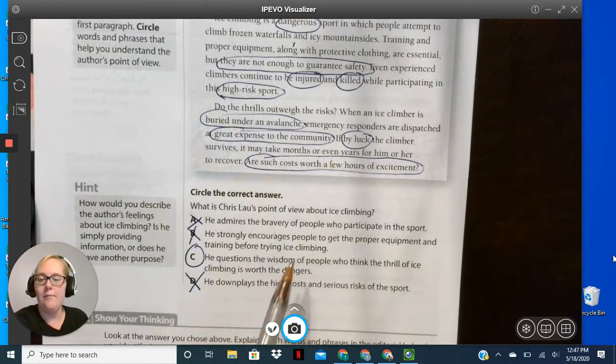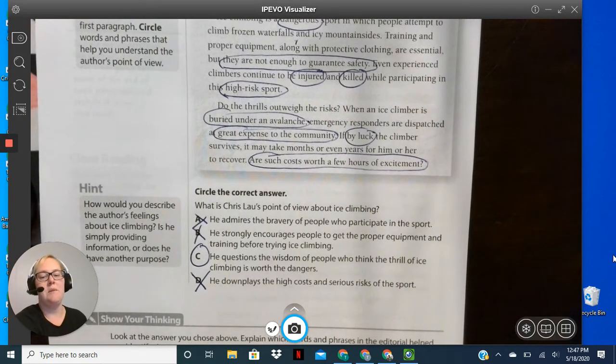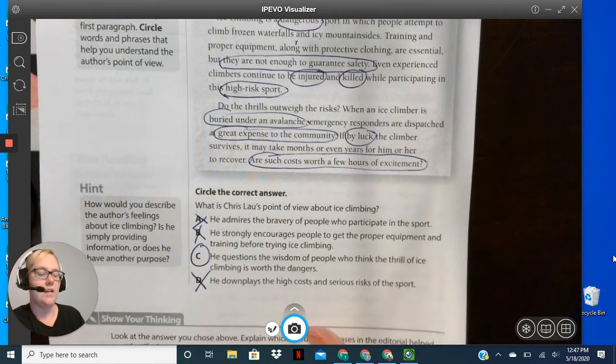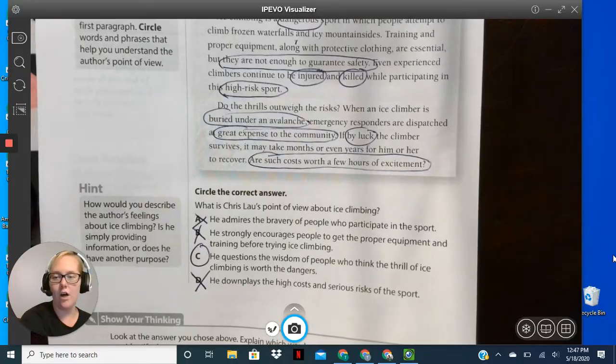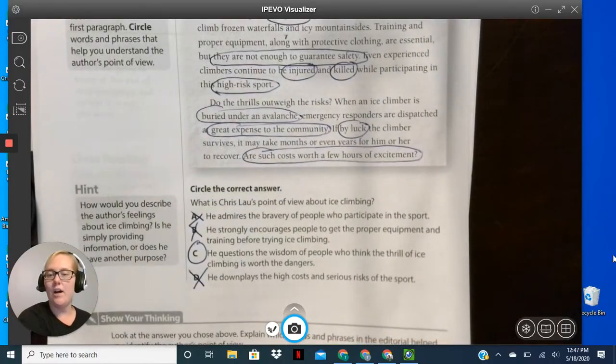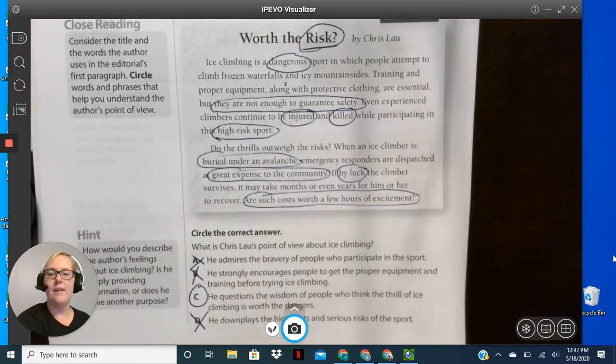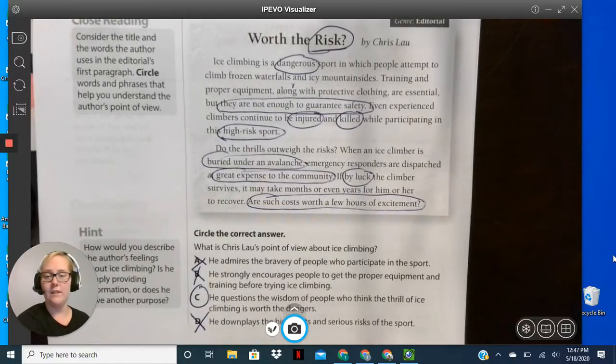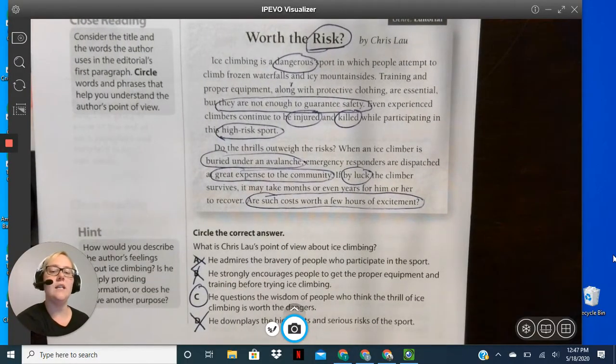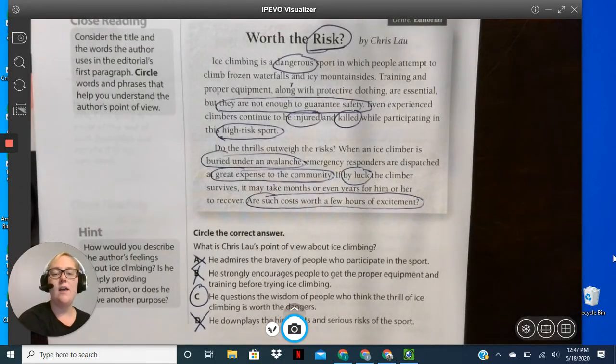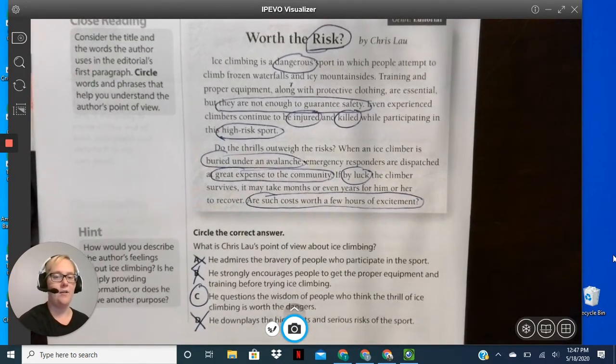Those all help me know that he questions the wisdom of people who think the thrill of ice climbing is worth the dangers. Okay, so do you see how authors, he didn't come right out and say exactly I feel this way about ice climbing, but using the information that he gives you and the adjectives and the verbs that he's using, it helps you understand how he feels about ice climbing.